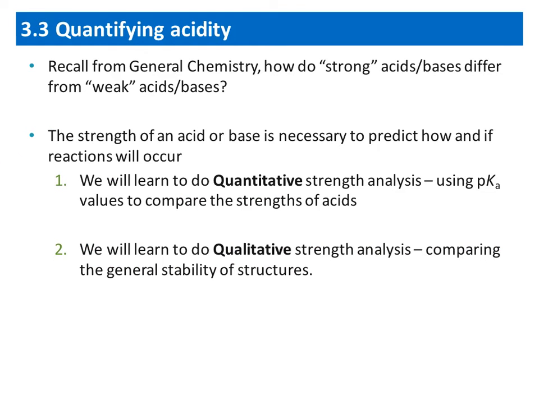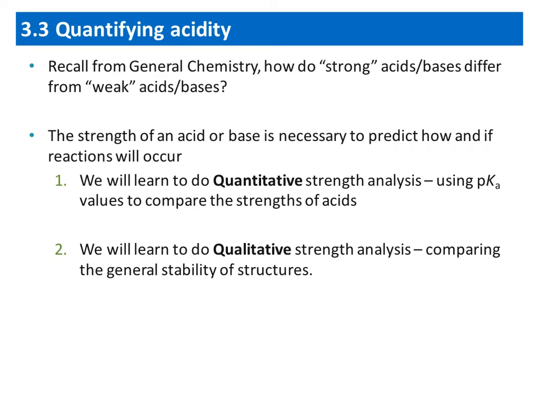Now, to determine the strength of acids and bases, we have 2 ways to consider. The first one is looking at pKa values, which we call quantitative analysis, because we are using numbers and calculations. And the second way is qualitative analysis.